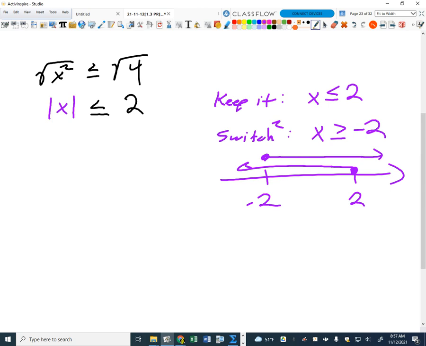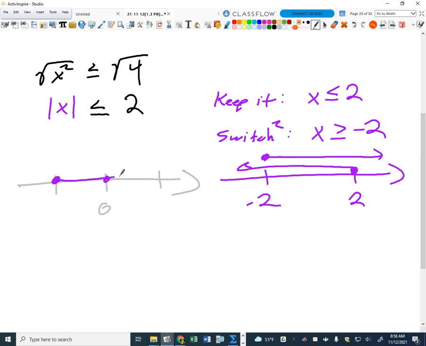Or the way I would think about it, if I hadn't done this in years, is that the absolute value of x is really just the distance from 0 on a number line. So if the distance from 0 is less than or equal to 2, it means I'm talking about places that are close to 0. It could be no further than 2.